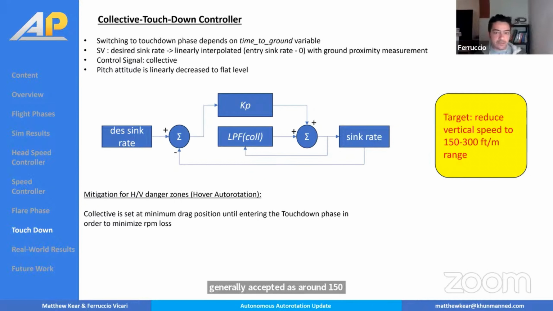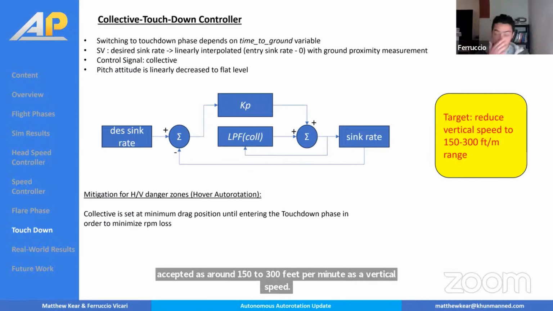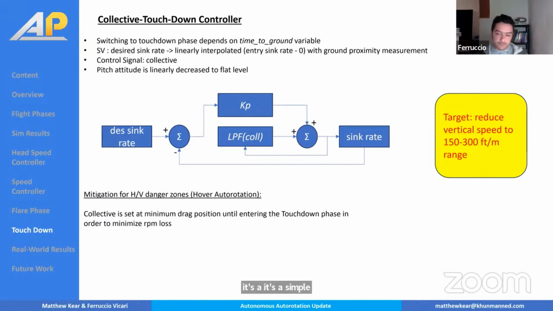It's a simple P controller with feedback from a linear pass filter of the collective value, which works as a following trim. The set point is the sink rate desired, which is linearly moved to zero using linear interpolation with the ground proximity.